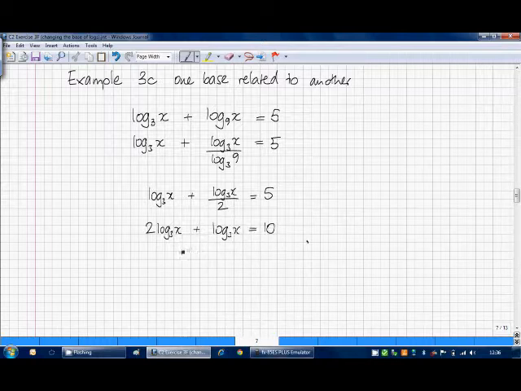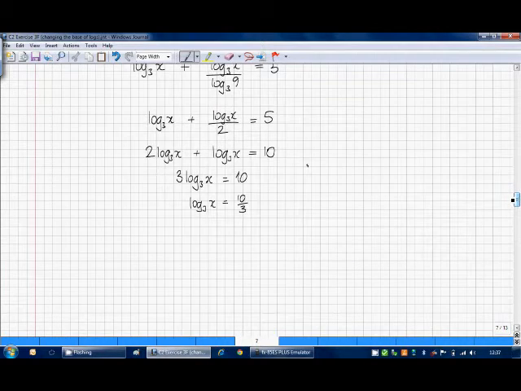So we've got 3 lots of that thing on the left-hand side: 3 log base 3 of x is equal to 10, meaning that log base 3 of x is equal to 10/3. We remember that logs mean what power of this number gives us that answer, so 3 to the power 10/3 is equal to x.